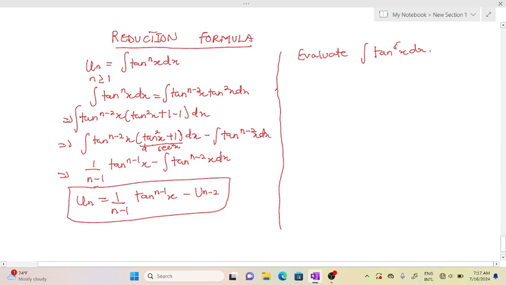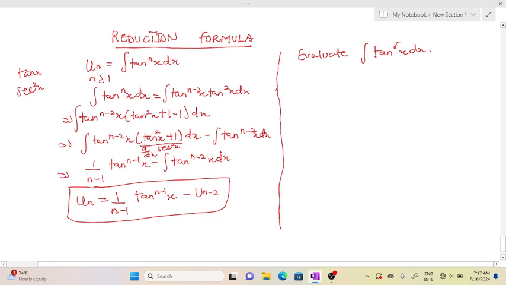It's the derivative of tan x. You know that the derivative of tan x is giving us sec squared x, and you also know that 1 plus tan squared x is the same as sec squared x. That is what you're able to derive after doing this manipulation, 1 minus 1.